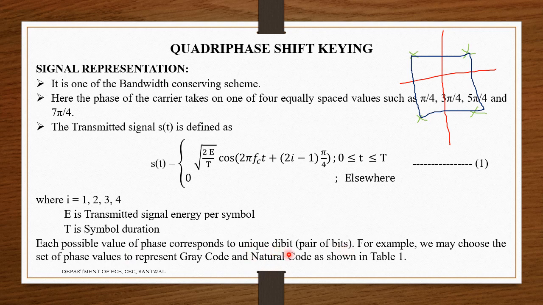We call this a unique dibit, where di means 2 bits. Each consists of 2 values: one is the in phase component, another is the quadrature phase component. We represent the gray code and natural code in table 1.